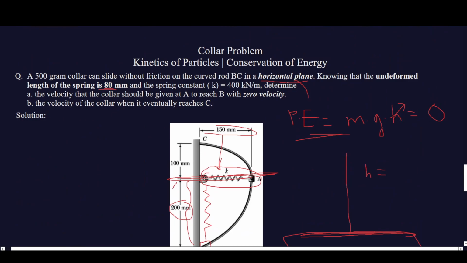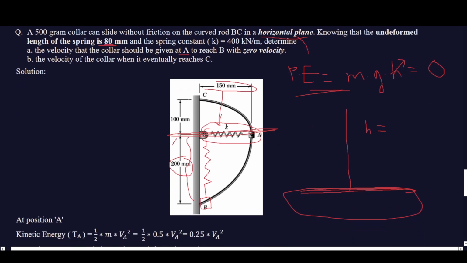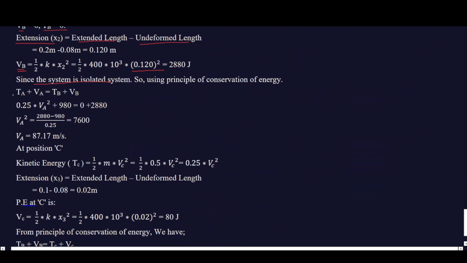The question has asked us to find, in the first part, the velocity of the collar that must be given when the collar is at position A. For this we apply the principle of conservation of energy: kinetic energy at position A plus potential energy at position A equals kinetic energy at position B plus potential energy at position B. On substituting, TA equals 0.25 vA squared, plus the value of VA obtained as 980, equals the kinetic energy at position B, which is 0, plus VB, which is 2880.